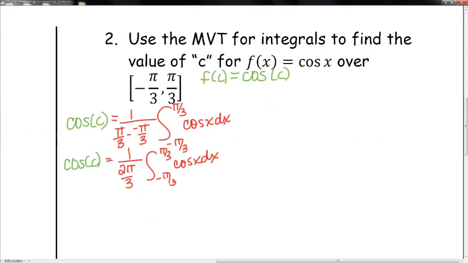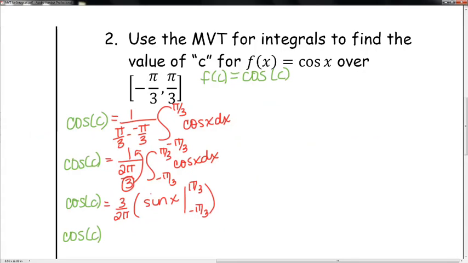I'm going to go ahead and move my 3 to the numerator. Now I can take my antiderivative. The antiderivative of cosine is sine, evaluated from negative pi over 3 to pi over 3. So our cosine of c is equal to 3 over 2 pi.